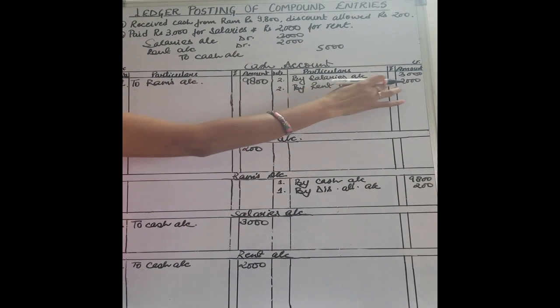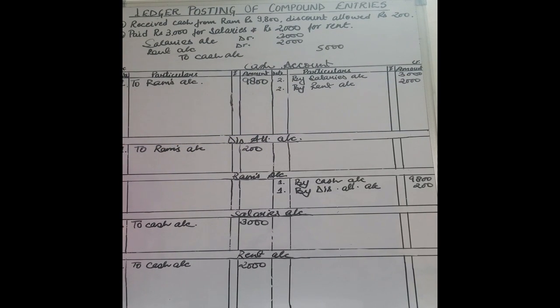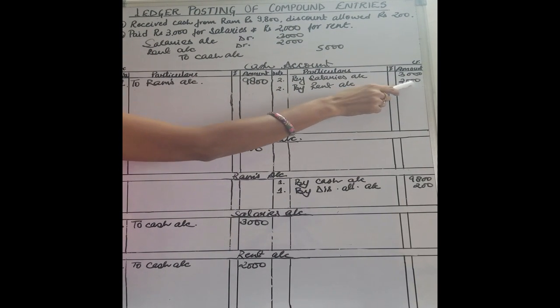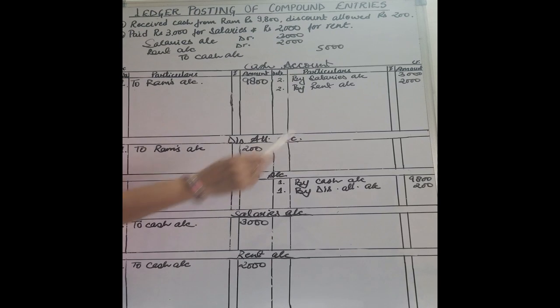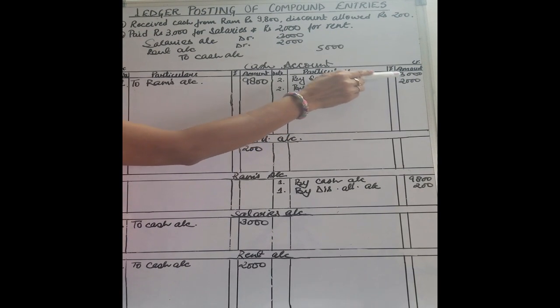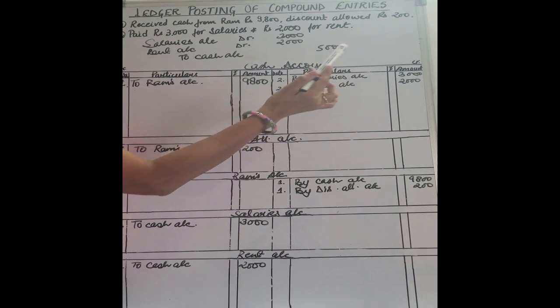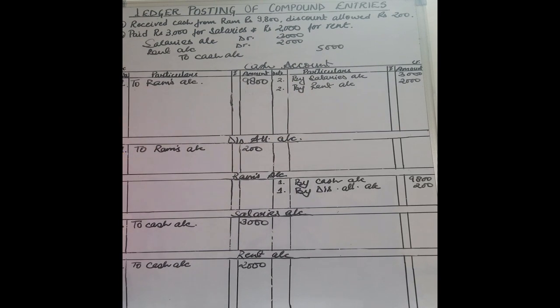Now the total is 5000. So cash account is credited with rupees 5000 here, and the reason behind crediting the cash account is both salaries account and rent account. Okay, so this is how we do the ledger posting of compound entries.